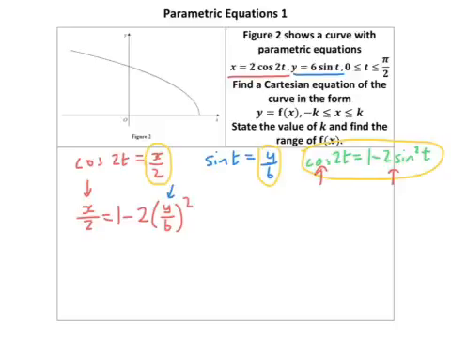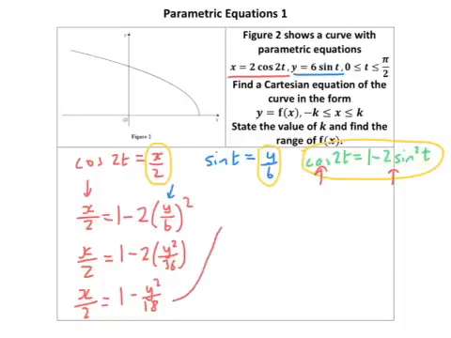Let me quickly run through it. We get x over 2 equals 1 minus 2 lots of y squared over 36. So x over 2 equals 1 minus y squared over 18.